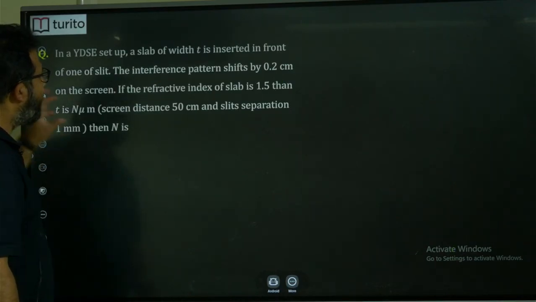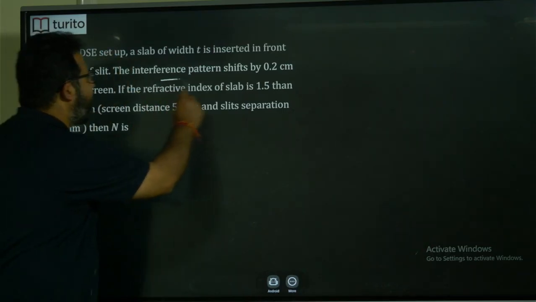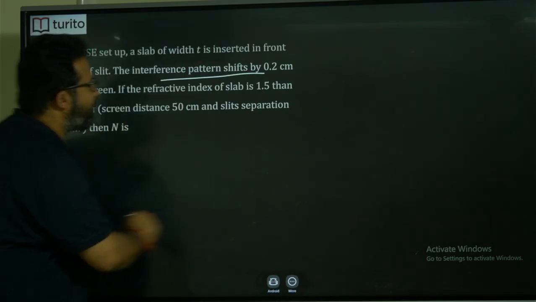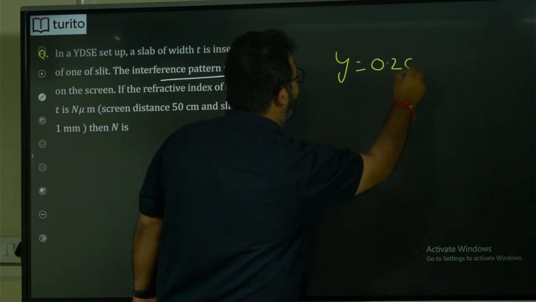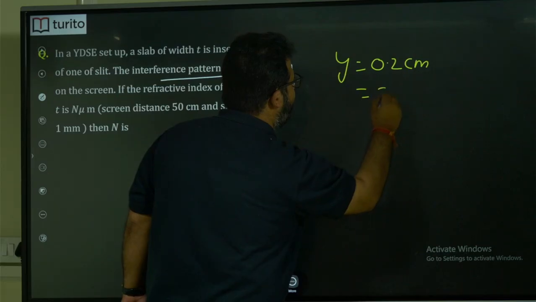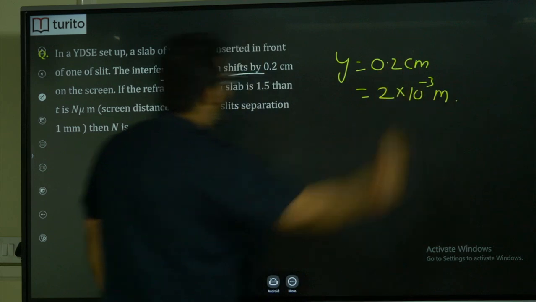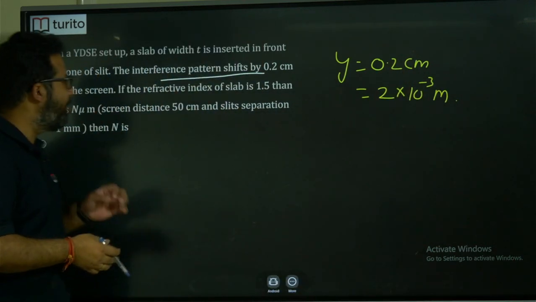In the question it is given that the thickness of the slab is t and the interference pattern shifts by 0.2 centimeter. So y is already given, 0.2 centimeter, which in meters is 2 into 10 to the power minus 3 meter, because 1 centimeter equals 10 to the power minus 2 meter.